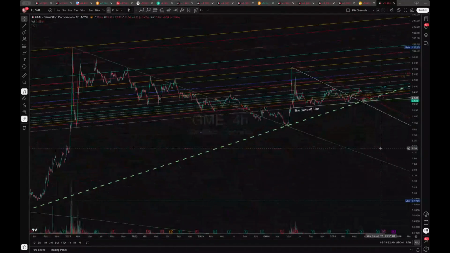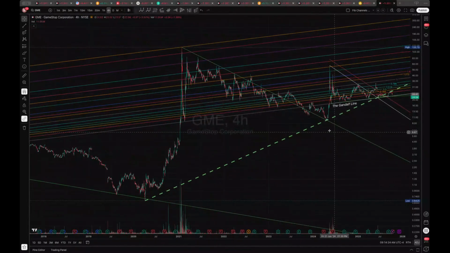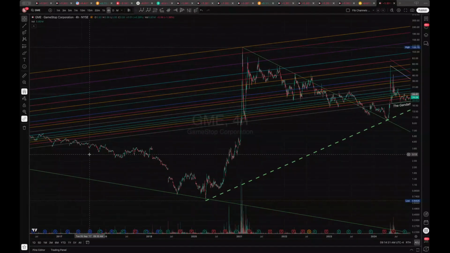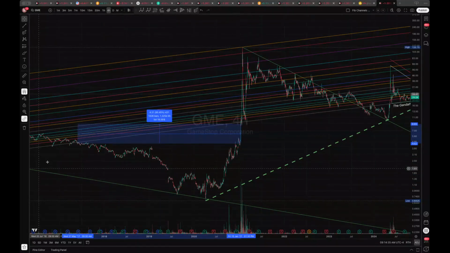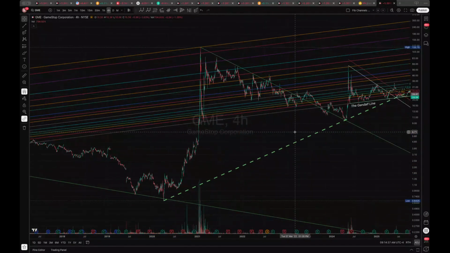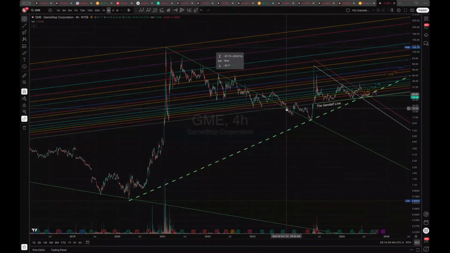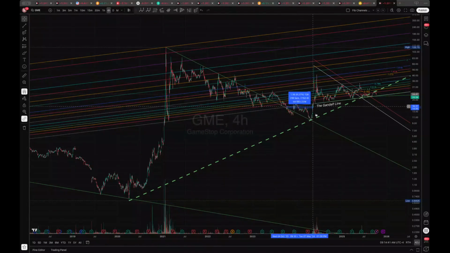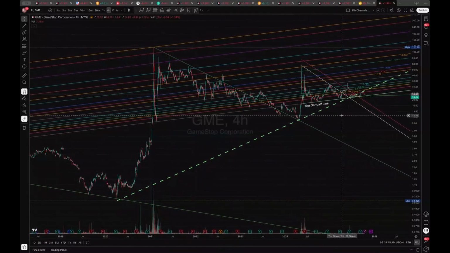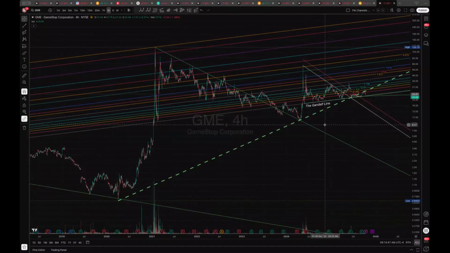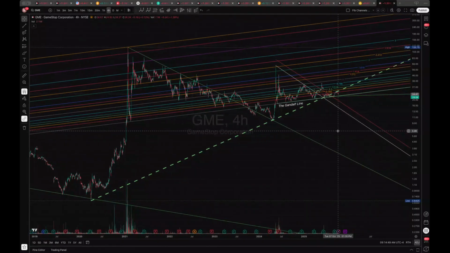And we have just successfully described all of the price action for the entire ticker history, with the exception of this period, this dip before the rip, and this dip before the rip. So something to consider, I suppose.